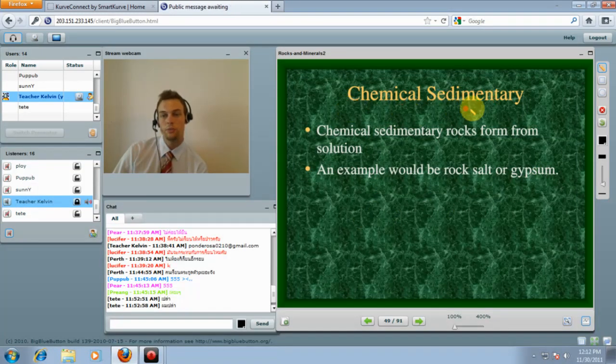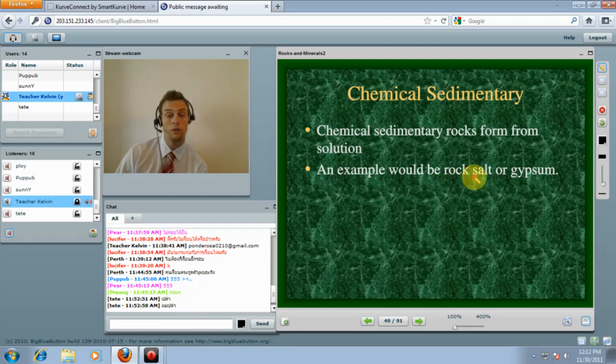Okay, so this is pretty interesting. Chemical sedimentary rocks are basically rocks that form from a liquid solution generally. So say you have some NaCl, sodium chloride, or salt that's in water, and then over time this water is kind of washing up onto the rock, and eventually the water evaporates from the air, but then the salt is left over.